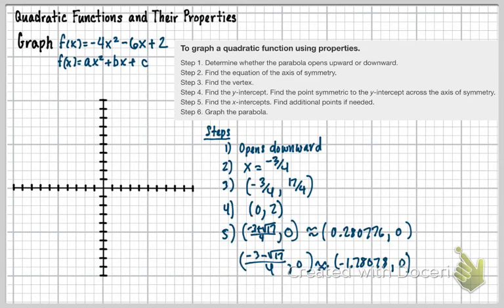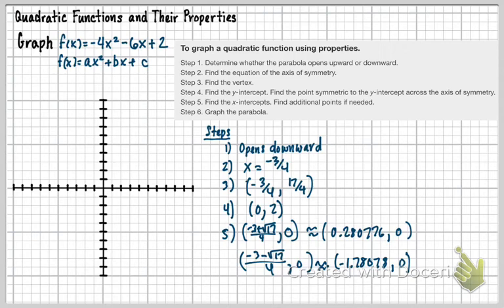So now we have enough information to graph this thing. And that's what we're going to do. We're going to put in all these points, all this information. So right away, we know this thing opens downward. Now, when we start to graph all these points, we're not going to really worry about that. It should complement, though, what we end up with for our values. So first off, we know x is -3/4. So I'm going to write that first.